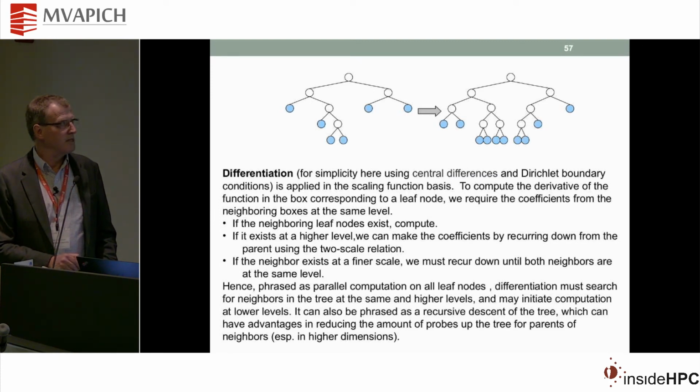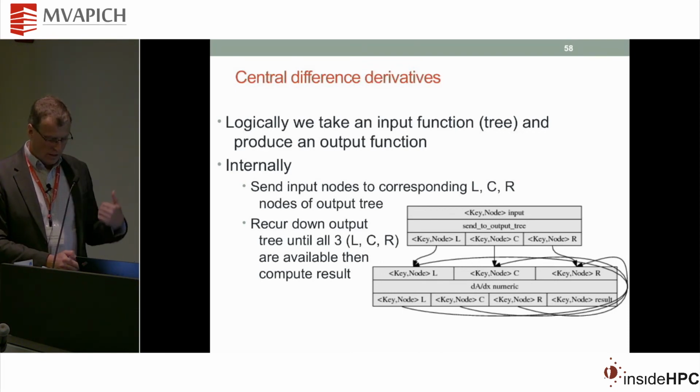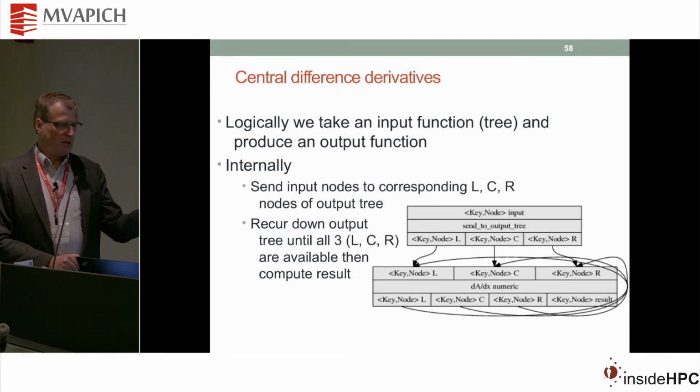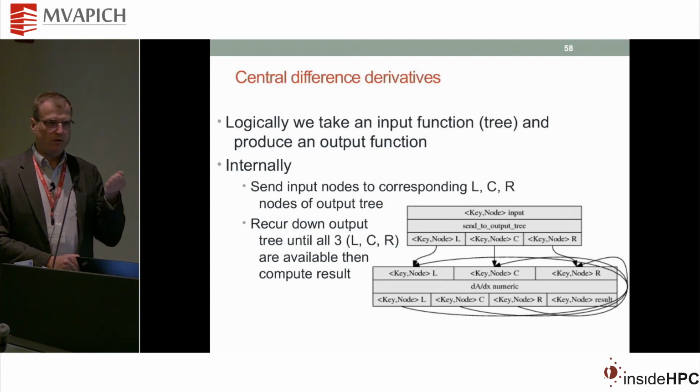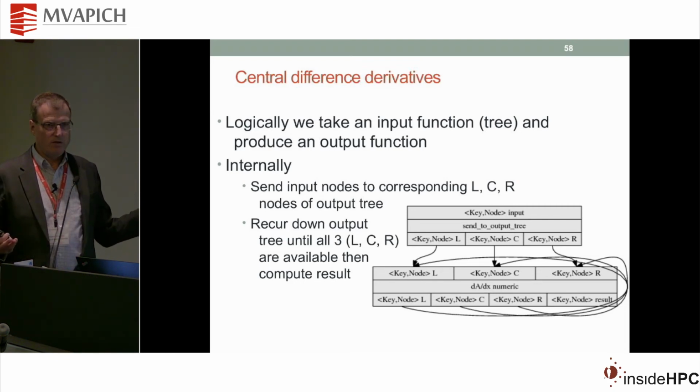Essentially what we want to do in that setting is flow down the graph. So we take that input function, which is a tree, and descend the tree, and when we encounter a box, that box is going to be interesting to the left and right neighbors, thinking about the stencil that we want to apply. So we just send the box to those neighbors, walk down the tree, send each box to every neighbor that might be interested in it, and just keep walking down the tree.